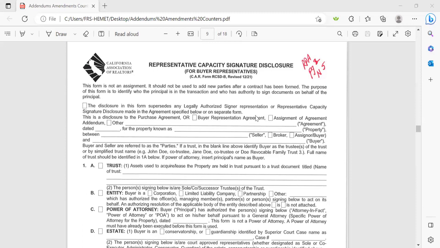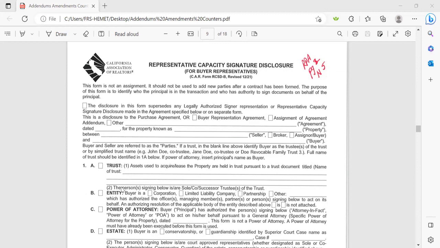Okay, forgot what I was saying. If I'm the owner of the property and the property is in my name, then I don't need this. If I'm the owner of a trust and the trust owns the property, then I need this. And I'm representing a trust, aren't I? Even if it's my own trust, I'm still representing the trust.